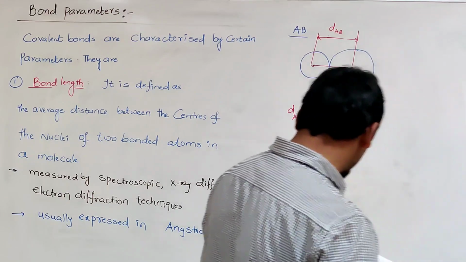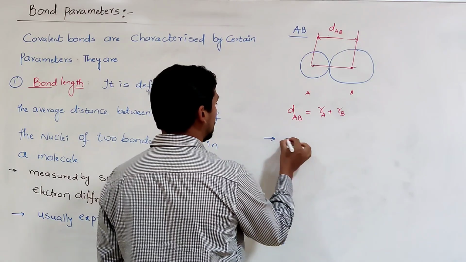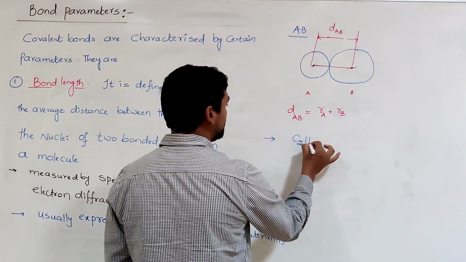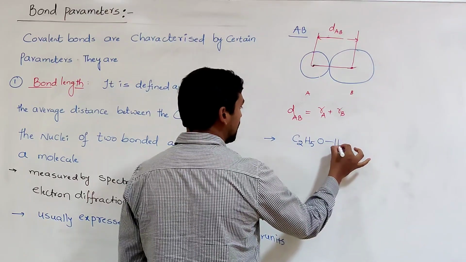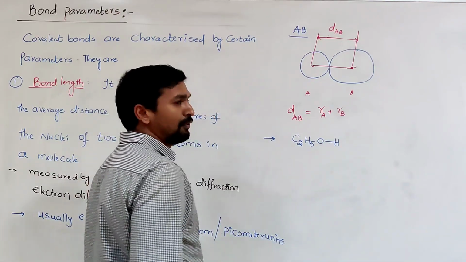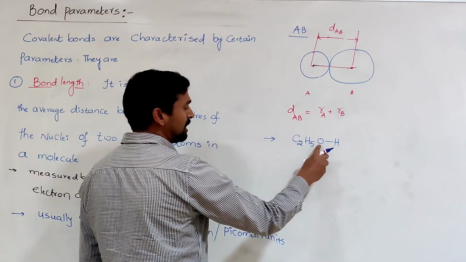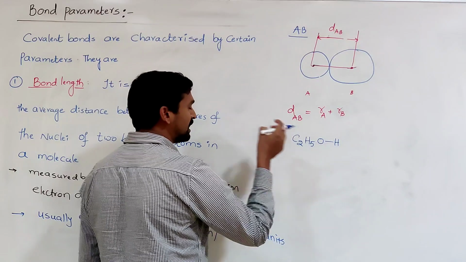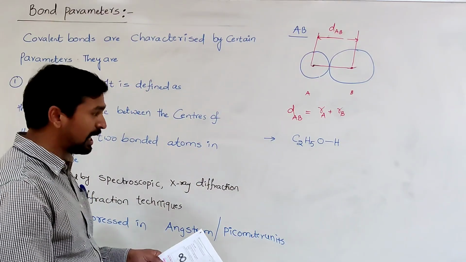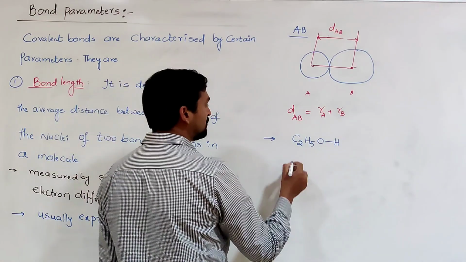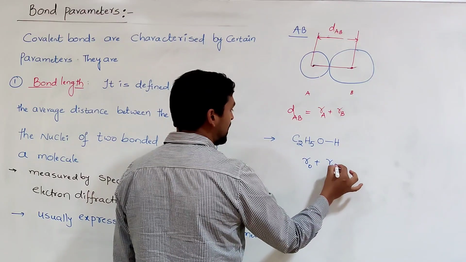For example, let us take an ethyl alcohol molecule, C2H5OH. This is ethanol or ethyl alcohol. If you want to determine the distance between oxygen and hydrogen, because the bond between oxygen and hydrogen is a covalent bond, it is simply the radius of oxygen plus the radius of hydrogen.